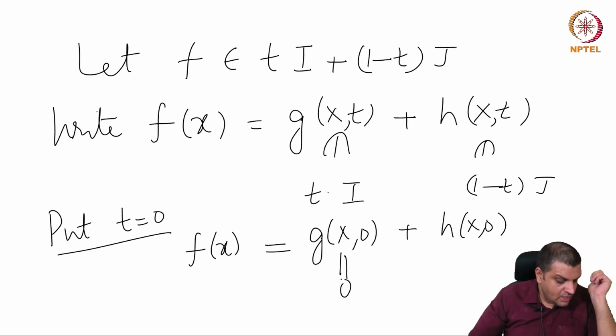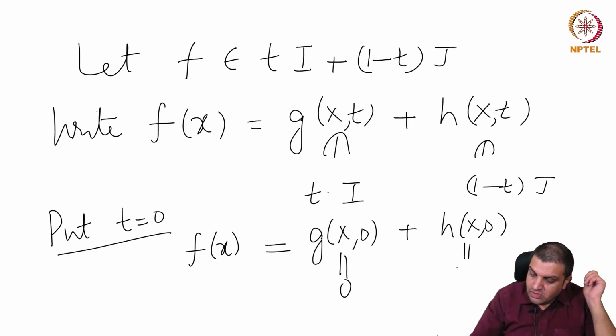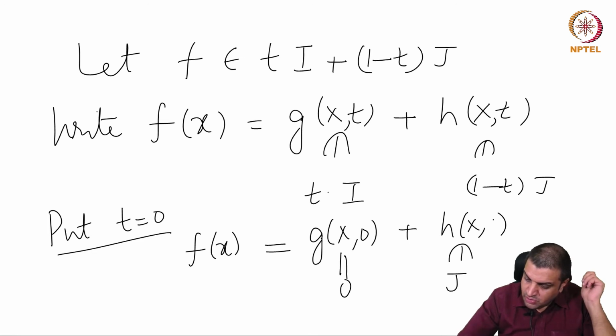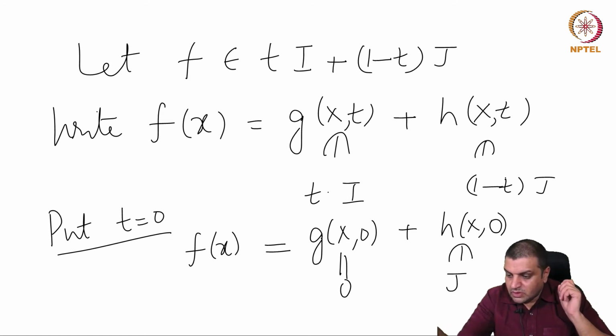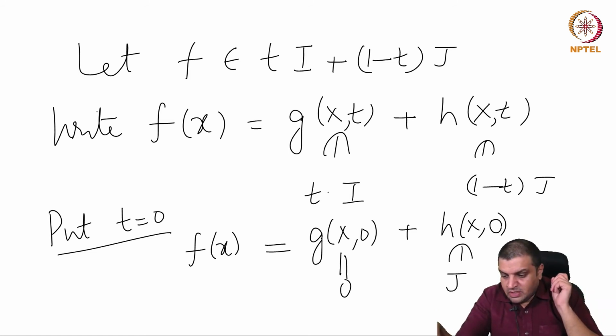Here we would just get some h of x, which one can check without much difficulty is actually inside J. So we can write h of x, t as 1 minus t times some element inside the extended ideal of J to S. So it is a linear combination of the g's with coefficients coming from S. When you substitute t equals 0, this just becomes 1, so we can take that out.